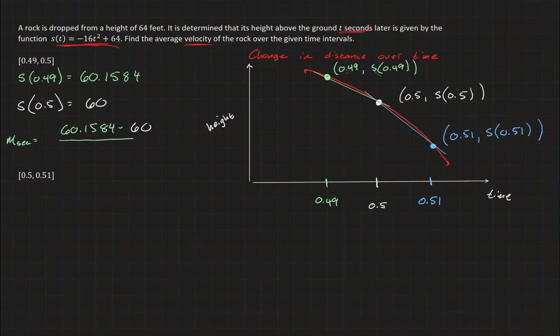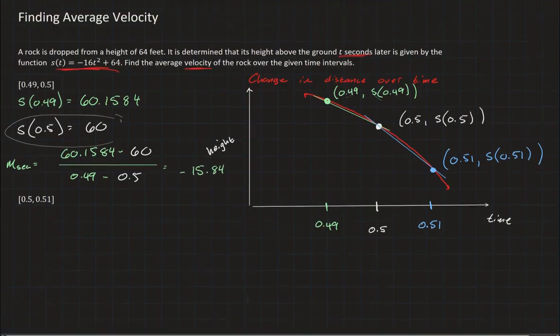And on the bottom, I'm going to have 0.49 minus 0.5. Notice that I kept these two values, 0.5 and 60, together. It doesn't really matter the order as long as those two values are kept together. And if I put that into a calculator, I'm going to get that this is equal to negative 15.84.